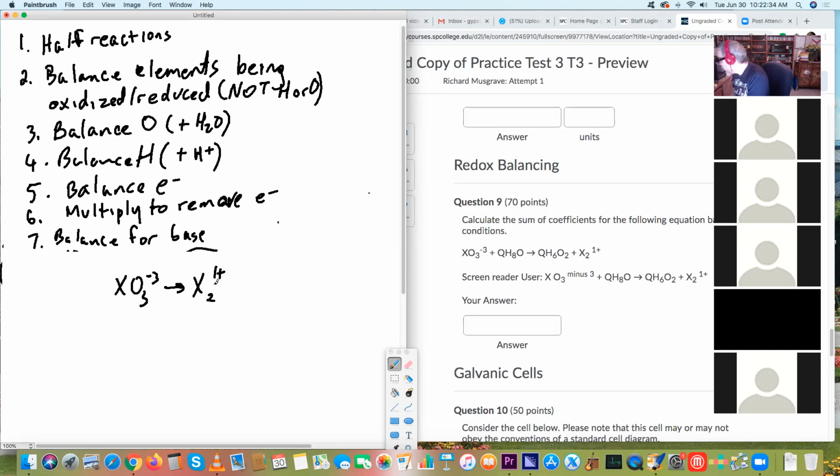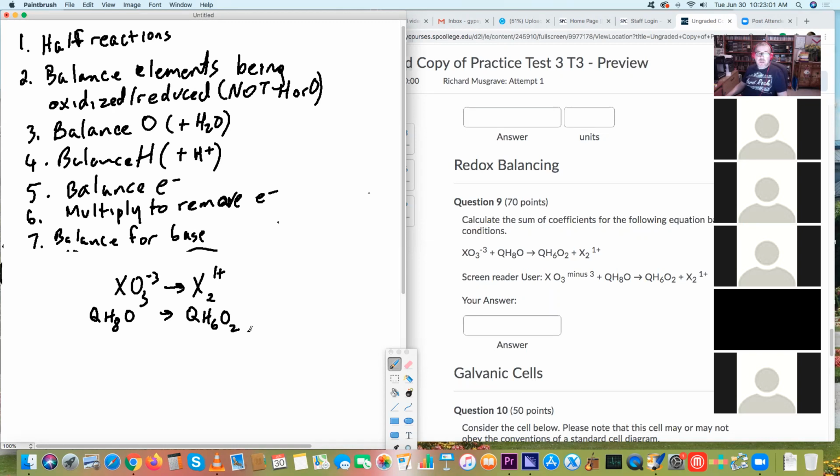Okay, so XO3 3 minus goes to X2 1 plus. And the other one is QH8O gives QH6O2. Any questions so far about figuring out the half reactions?